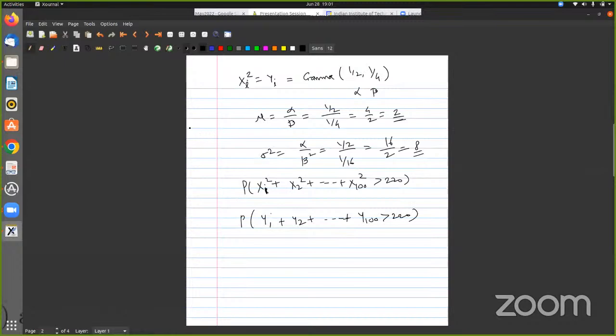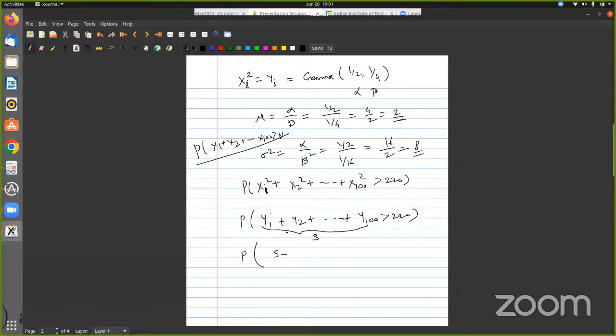This is a similar problem to the earlier one, where x1 plus x2 until x100 is greater than some number, right? In that case, what we have to do? We have to subtract the expectation, right? So let's say the entire thing is s. So s minus mu.